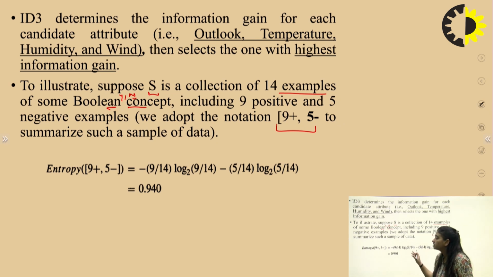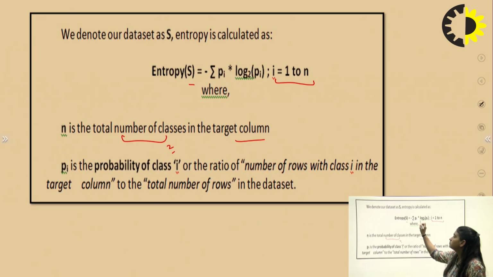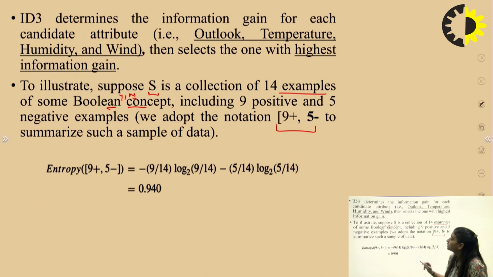Simply we will apply the formula of entropy. The entropy formula is minus summation p_i log base 2 p_i. So Entropy([9+,5-]) is equal to, first you calculate for the positive one: 9 is where we are getting yes, divided by the total number, so total data set is 14, log base 2 of 9/14. Then the same for the negative one.